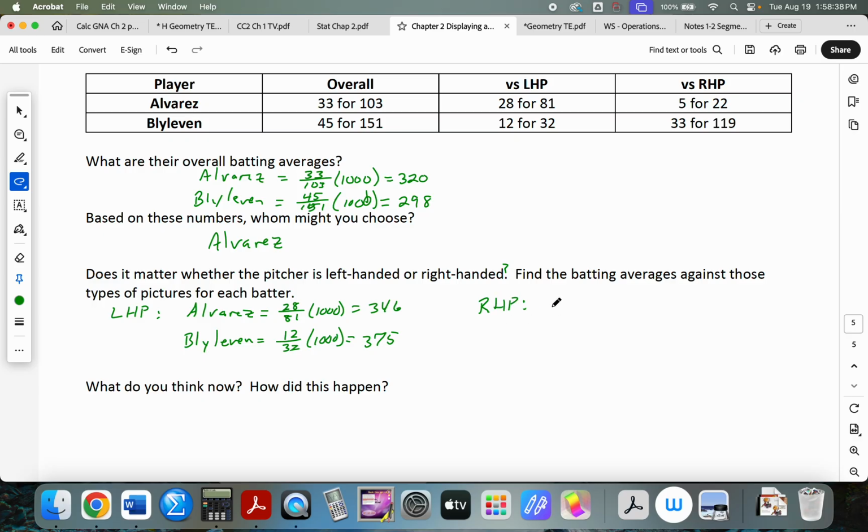All right, let's see what happens if it's a right-handed pitcher. If we have a right-handed pitcher, for Alvarez, it's 5 for 22. He's hitting .227. Well, that's not great. Let's see about Blyleven.